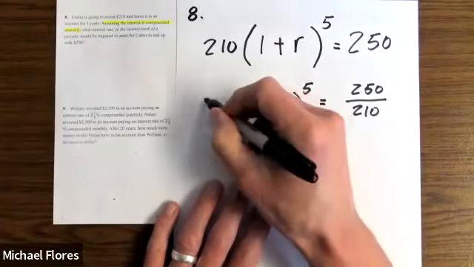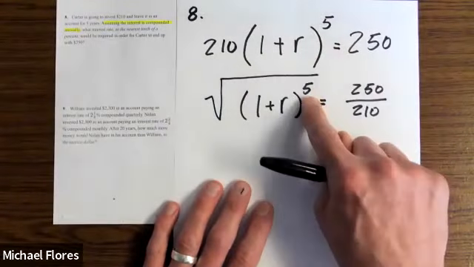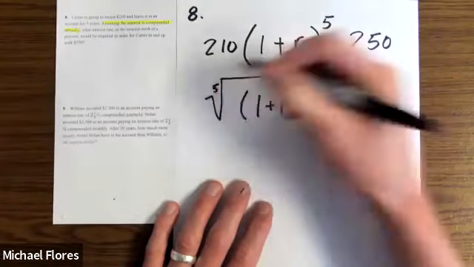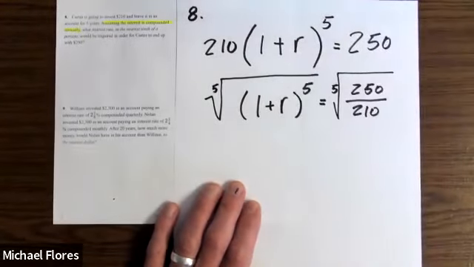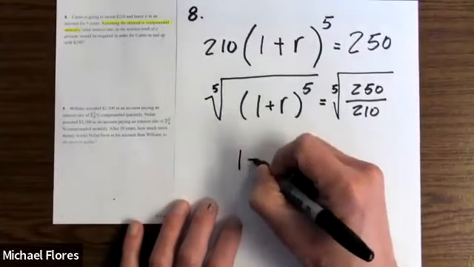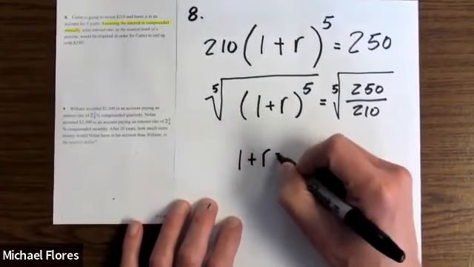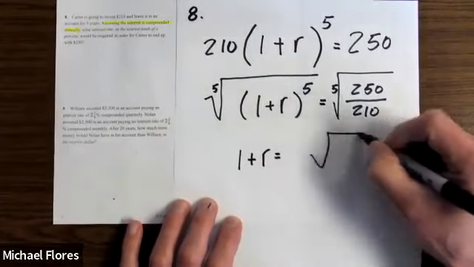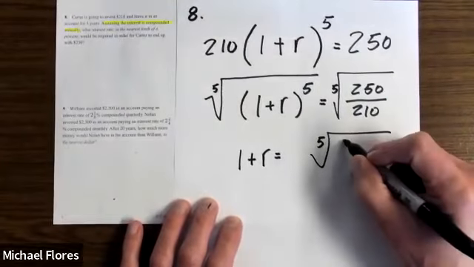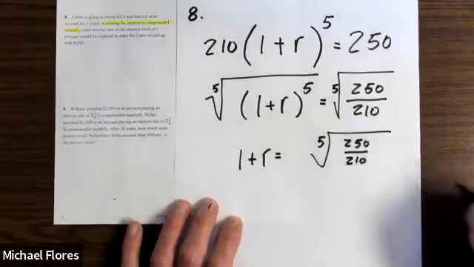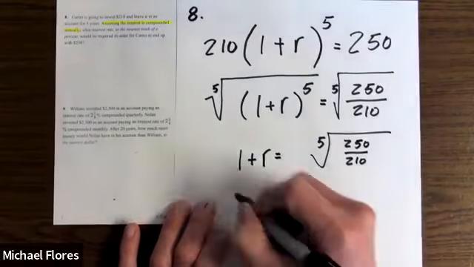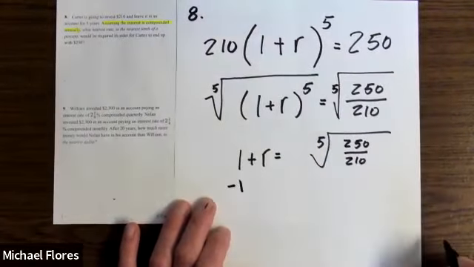So here's what I mean. Since we are dealing with the fifth power, we are going to take the fifth root of both sides. That'll leave us with 1 + r is equal to the fifth root of 250 over 210. Now, in order to get r by itself, just subtract 1 from both sides.